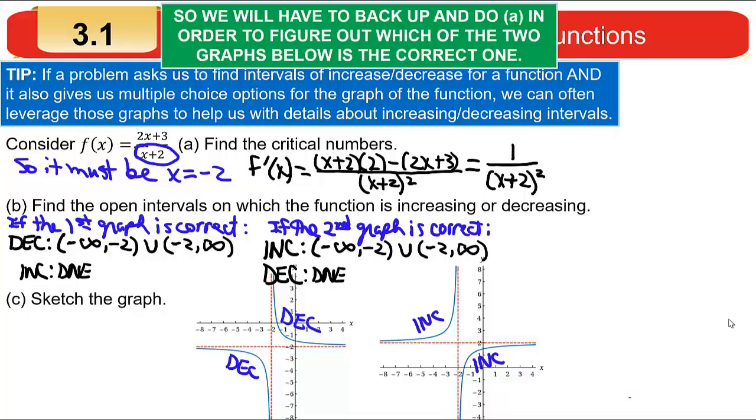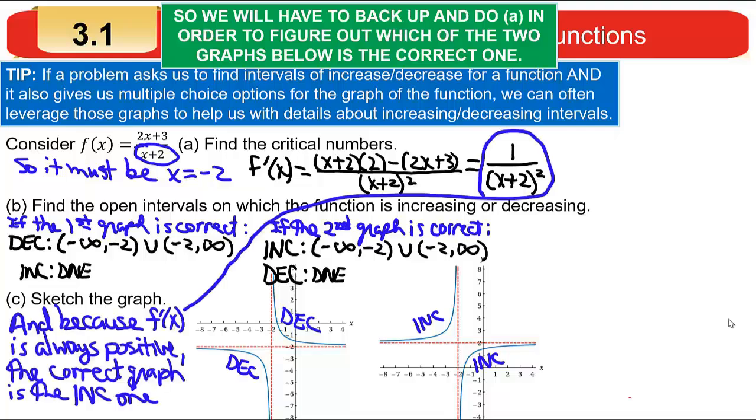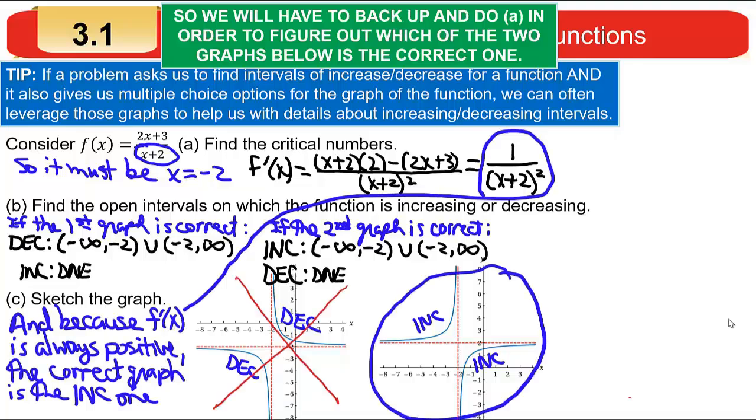Now that's nice because 1 is positive and a non-zero number squared is positive, and the denominator of a fraction can never be 0, so we can't let x plus 2 ever equal 0. No matter whether x plus 2 is positive or negative, when you square it, it will be positive, so the derivative is a positive over a positive, which is a positive number. That means that the graph that says it's increasing on both sides of the asymptote has to be right.